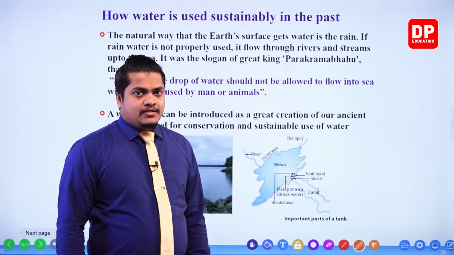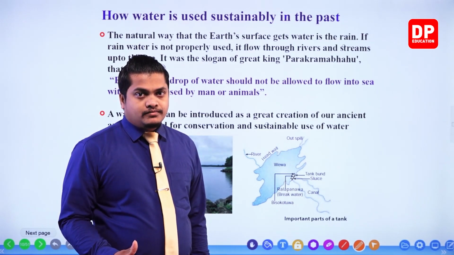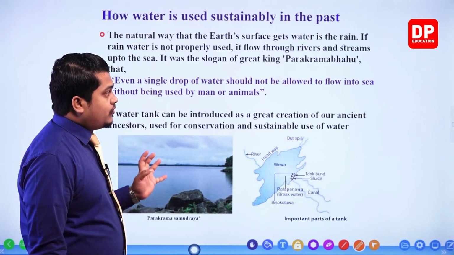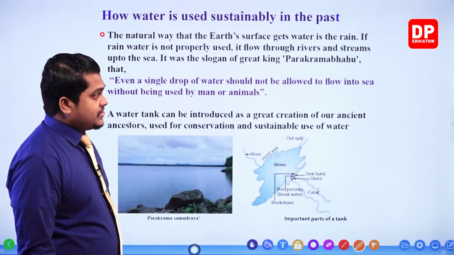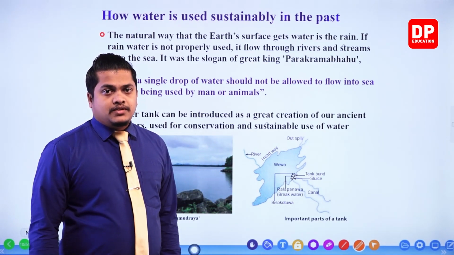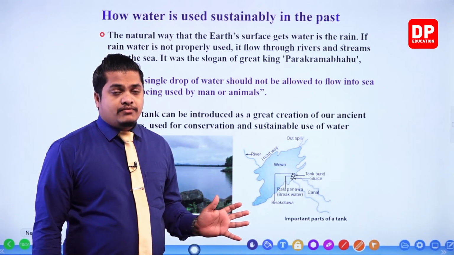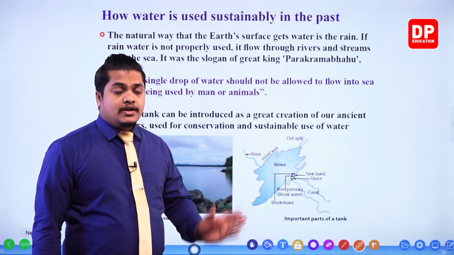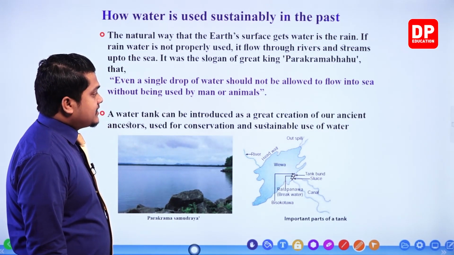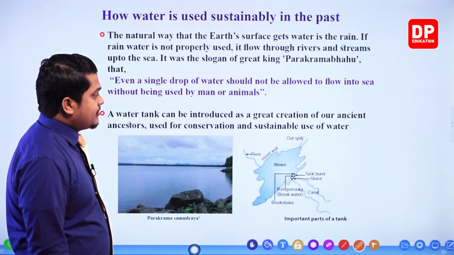Why does he say that? Because he knows the value of rainwater. So he said that we should not allow this rainwater to flow into the sea without being used by any man or animal. Okay, so that's how the ancient people protected and conserved rainwater during their time. So a water tank can be introduced as a great creation of our ancient ancestors, used for the conservation and sustainable use of water.